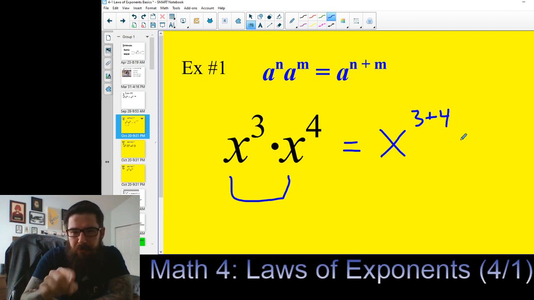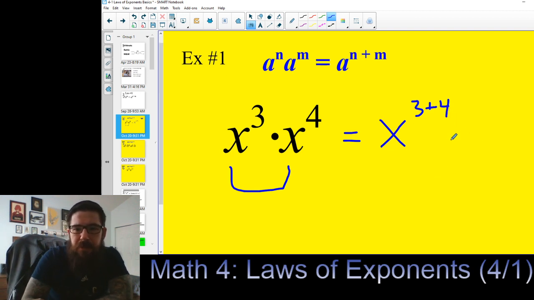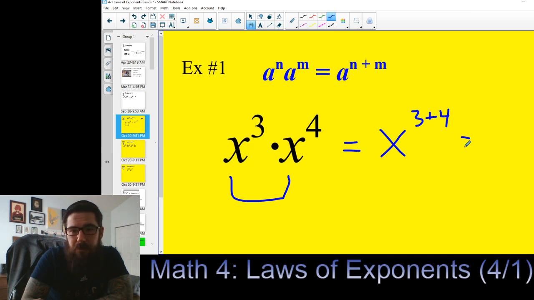I'm doing this with my mouse rather than my finger on the screen. That might change over time. What's that whole thing going to turn out to be? Hopefully you can handle that addition. x to the 7th. I could chain multiple x's on here. I could have 3 or 4 terms all with x as we're going through. But it works with as few as 2.